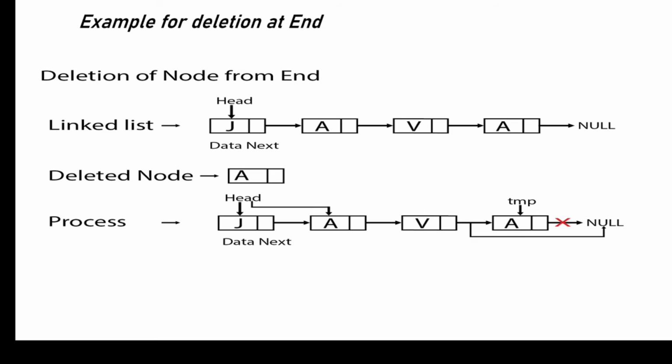Here is a simple example for the deletion operation performed on the end of the list. Here we want to delete the last node which has data A. For that, disconnect the connection between the second last and last node by setting the next part of the second last node, that is V, with null value.